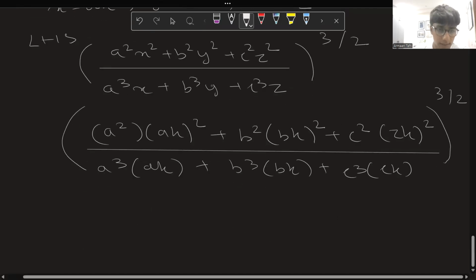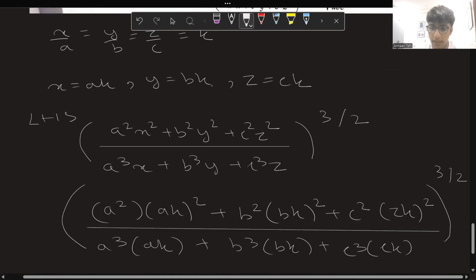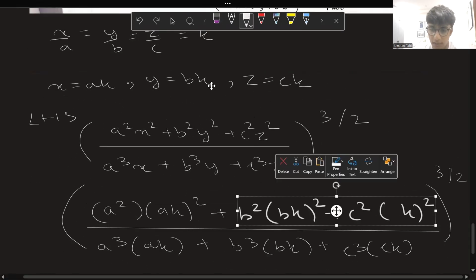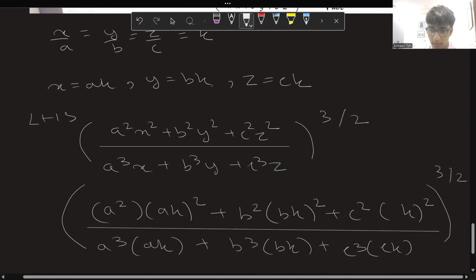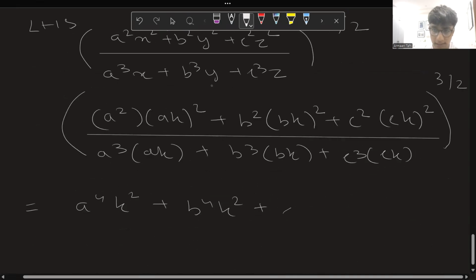And this whole thing is obviously raised to the power of 3 over 2. Now, if we go about simplifying this, there are two powers of a here, so it becomes a4 times k square plus b4 times k square plus c4 times k square.